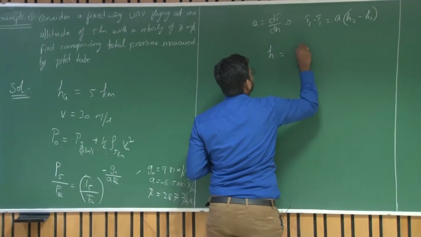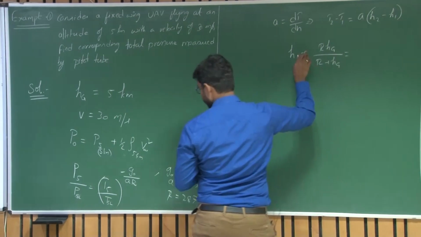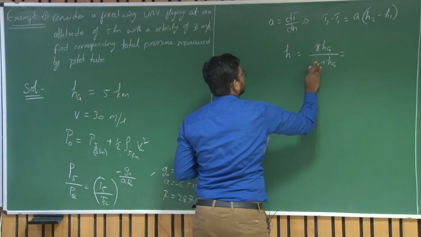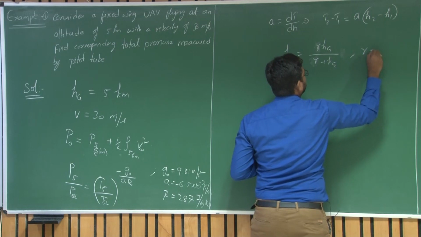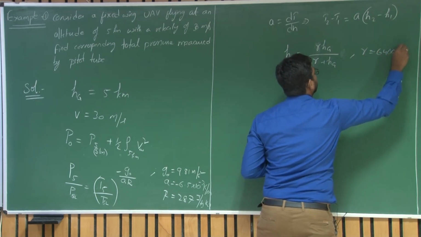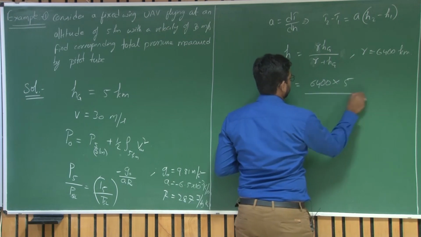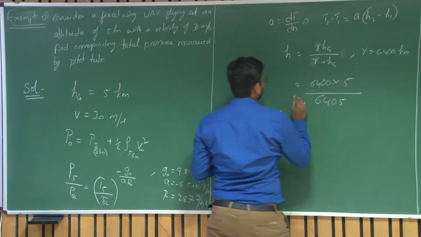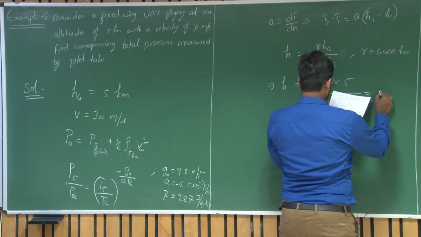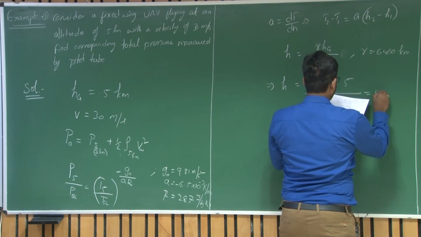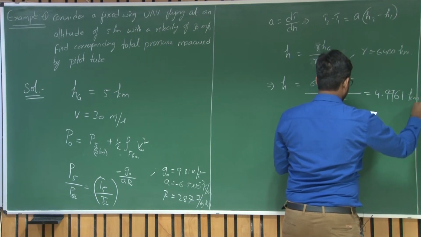H is equal to r into Hg divided by r plus Hg, where r is the radius of Earth, which is 6,400 kilometers. This is equal to 6,400 into 5 divided by 6,405, which is approximately equal to 4.9961 kilometers.